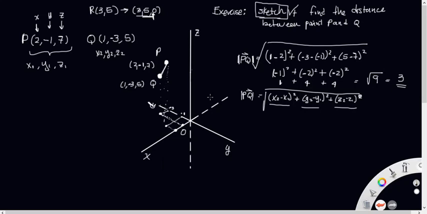So this is the way to sketch 2 points in a 3-dimensional space using this notation. This is for points. If you want to practice, the free software, maybe you have used it in the past, is GeoGebra.